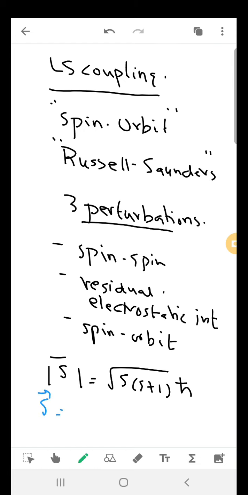considering a large number of spins, the spin quantum numbers will vectorially add to a minimum and to a maximum.